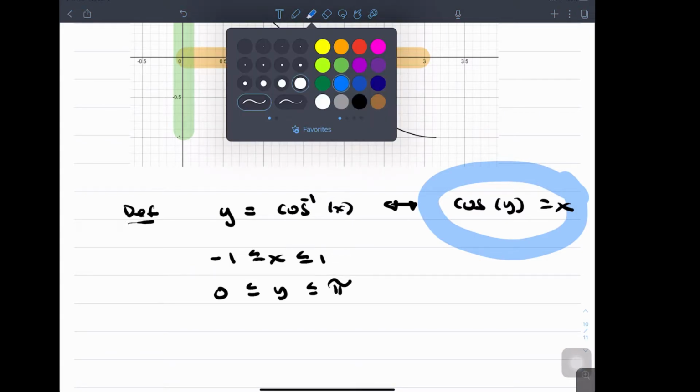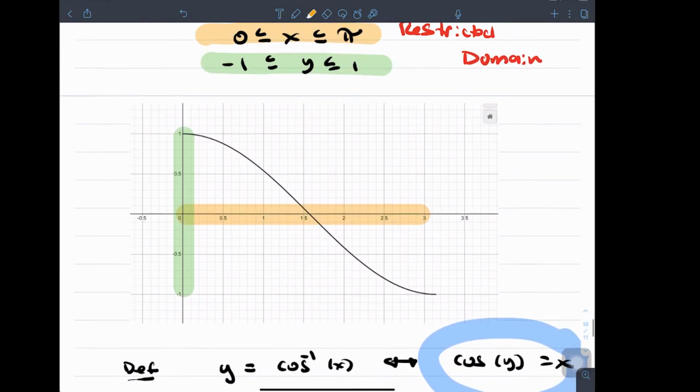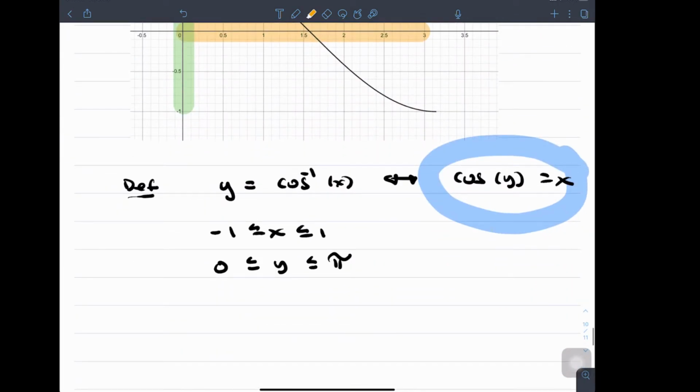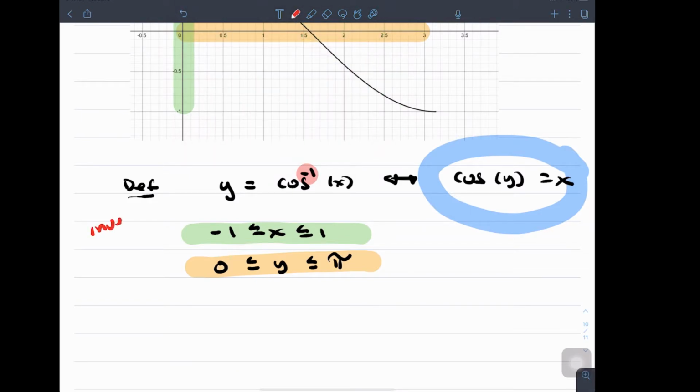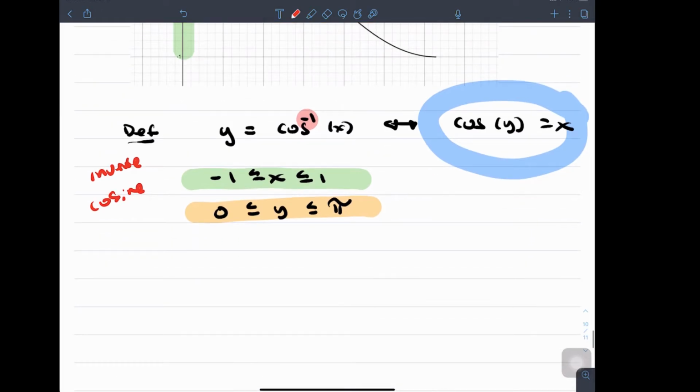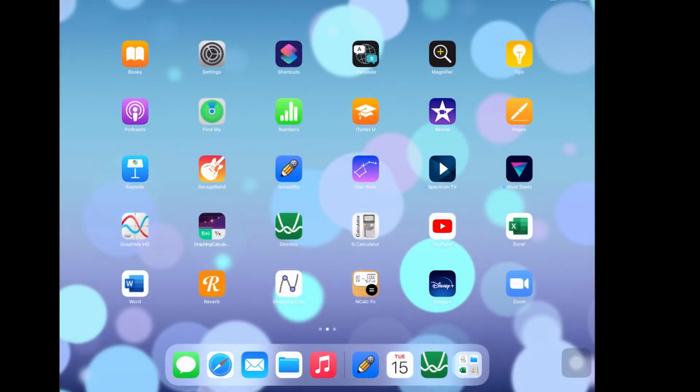So they switch. So I just want to color coordinate this. Orange. Green, because you're talking about the inverse cosine. This is inverse cosine. And then you say, well, what does that graph look like?